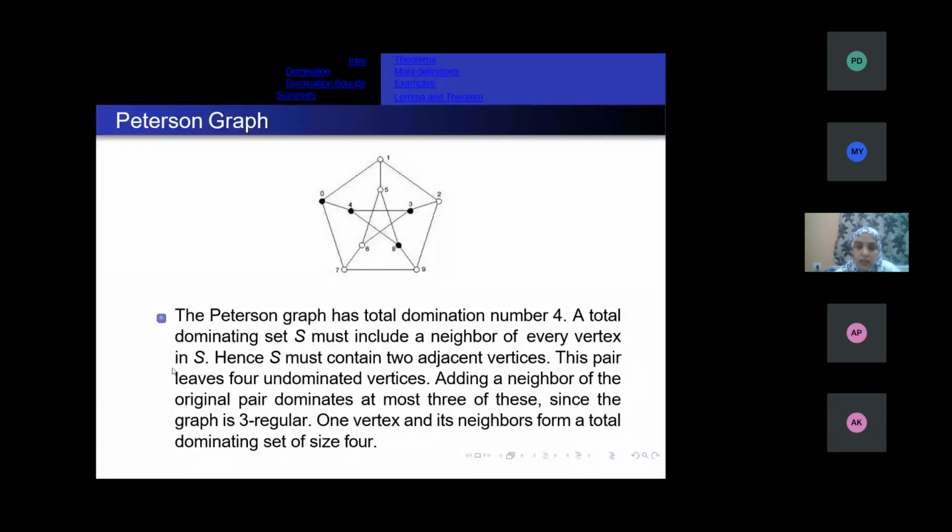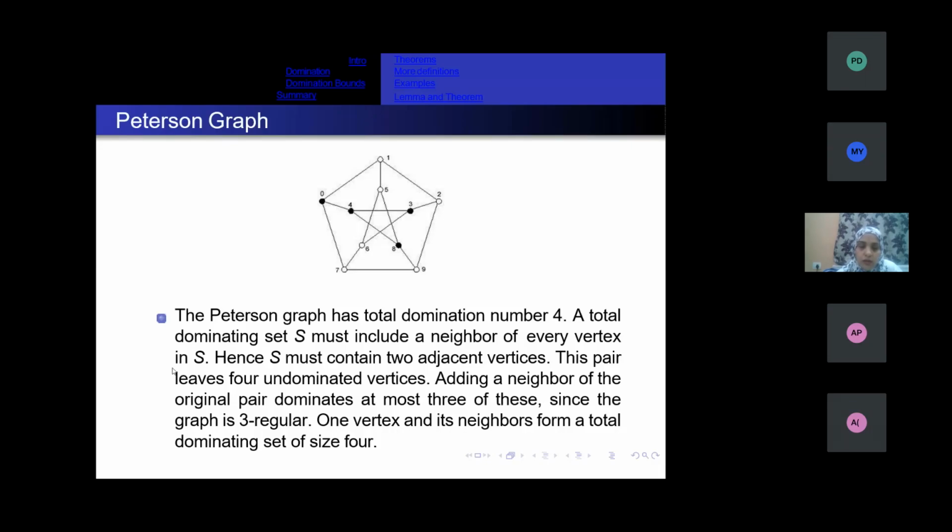So for any type of domination set, maybe a total dominating set, a connected dominating set, an independent dominating set, or any other type of dominating set, the first and foremost thing is that the set we are considering should be a dominating set.